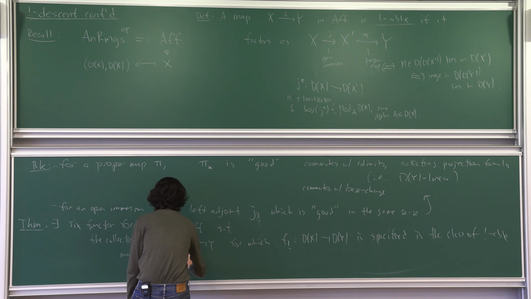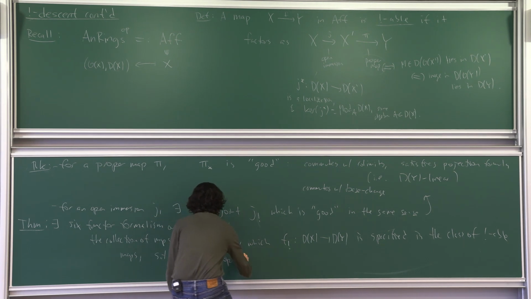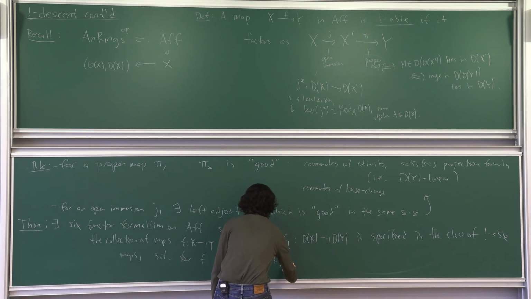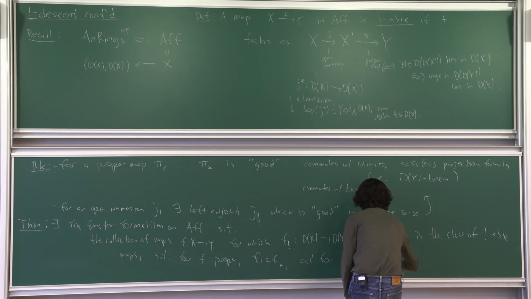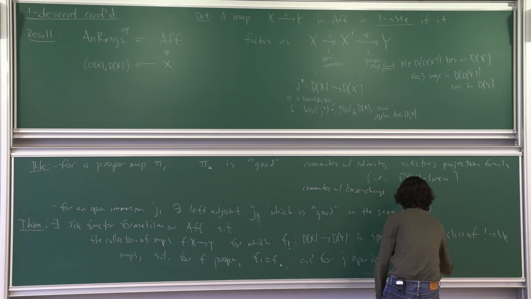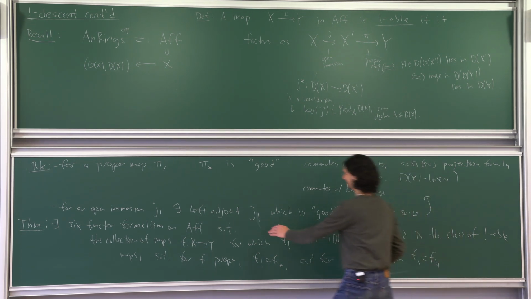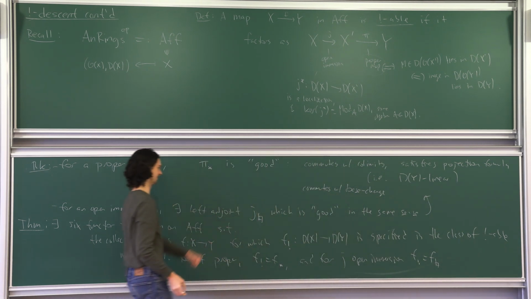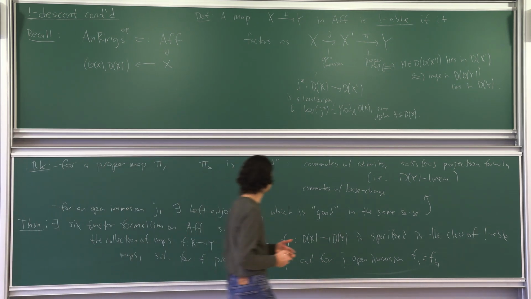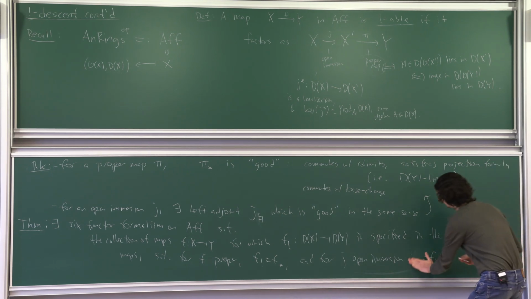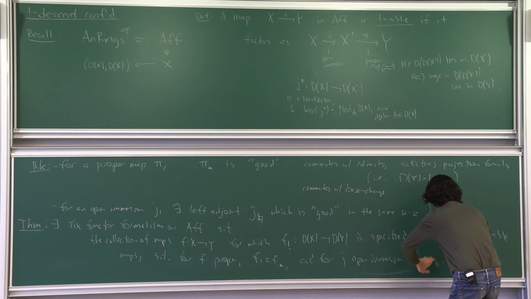Such that for f proper, f lower shriek equals f lower star, and for J an open immersion, f lower shriek is the left adjoint. Now here's why I wanted to say that left adjoints are J lower natural, just so that I can make a non-tautological claim here. Thank you. All right.